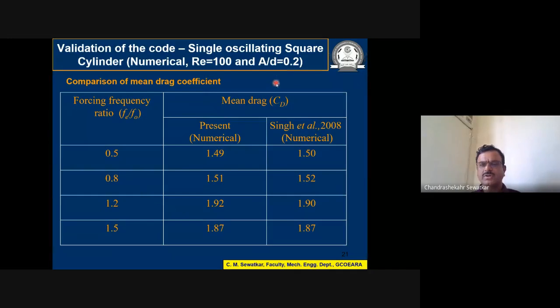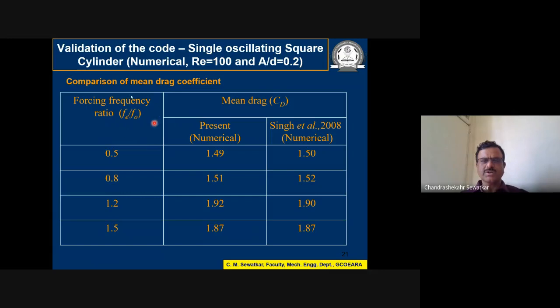If that is the situation, this forcing frequency can be expressed in terms of a forcing frequency ratio, wherein Fe is the frequency of forcing and F0 is the frequency of vortex shedding when my cylinder is stationary. So Fe by F0 is the forcing frequency ratio. F0 is the frequency of vortex shedding when my cylinder is stationary, and Fe is the frequency of oscillation.